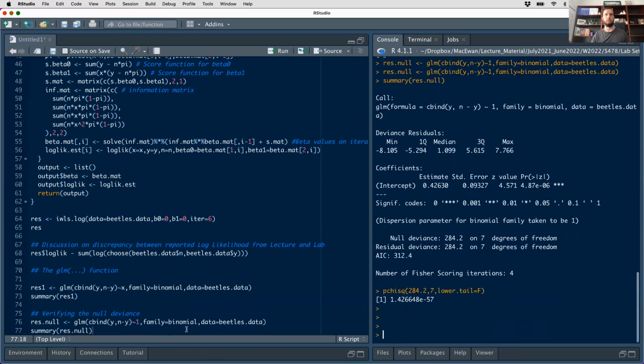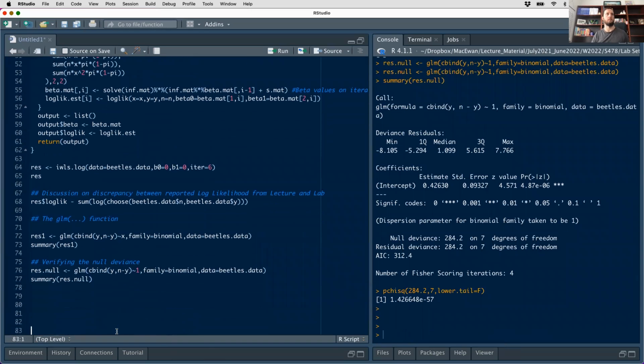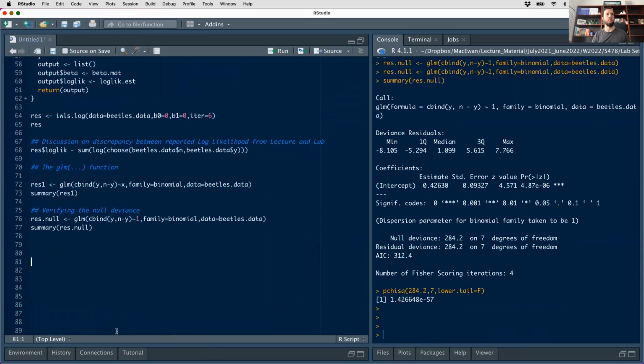So I'll just write this out. So we have H0, the null model is sufficient versus HA, the maximal model is required.